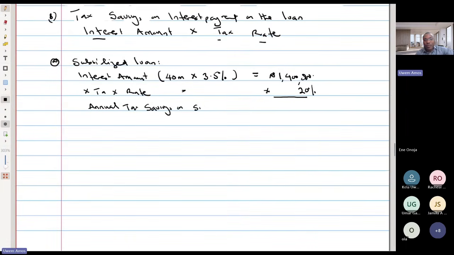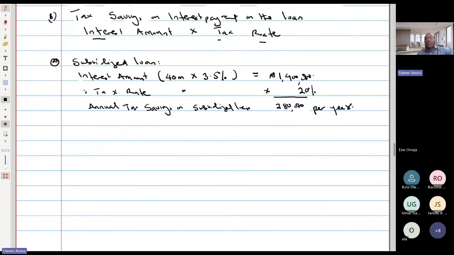So what is our annual tax savings on the subsidized loan? That's 1.4 million multiplied by 0.2, which is 280K, 280,000 per year.